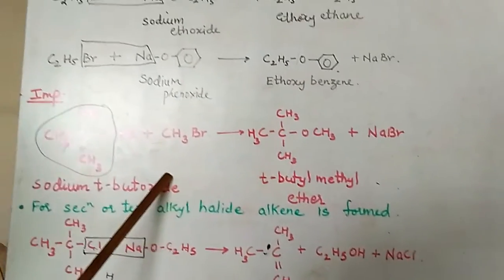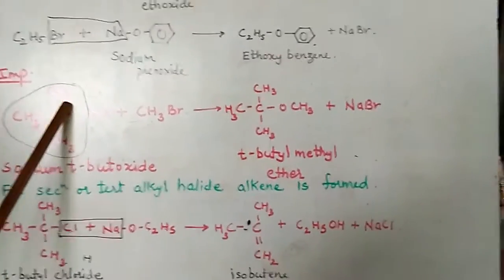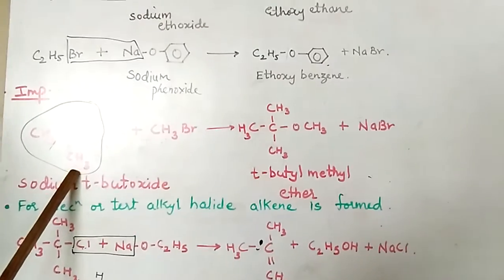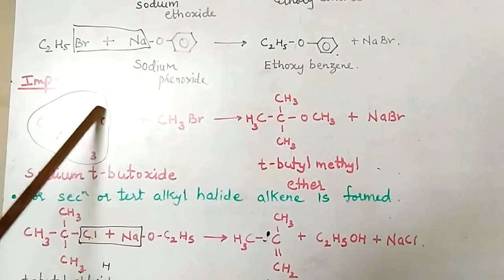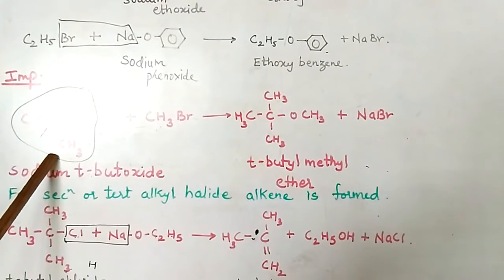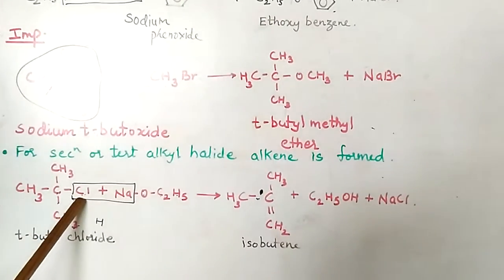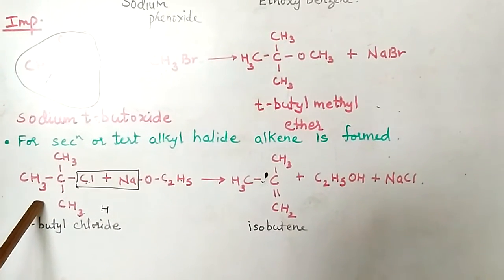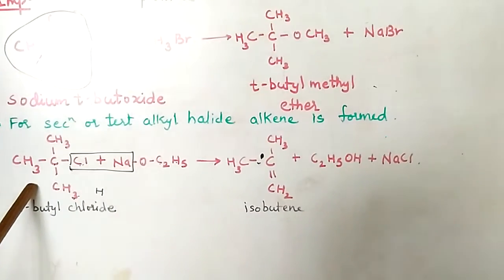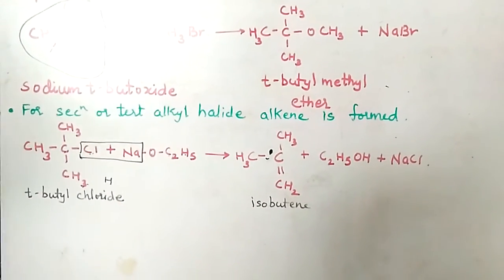You are required to use a tertiary group or a secondary group of sodium alkoxide. The tertiary or secondary group should come from the sodium alkoxide. If we take it of the halide, secondary or tertiary alkyl halide, it will not give you the formation of ether. In spite of that, it forms an alkene. This is one of the drawbacks of Williamson synthesis.